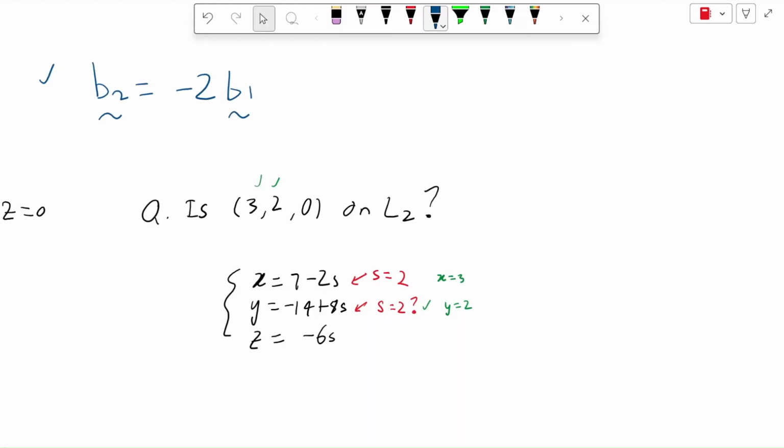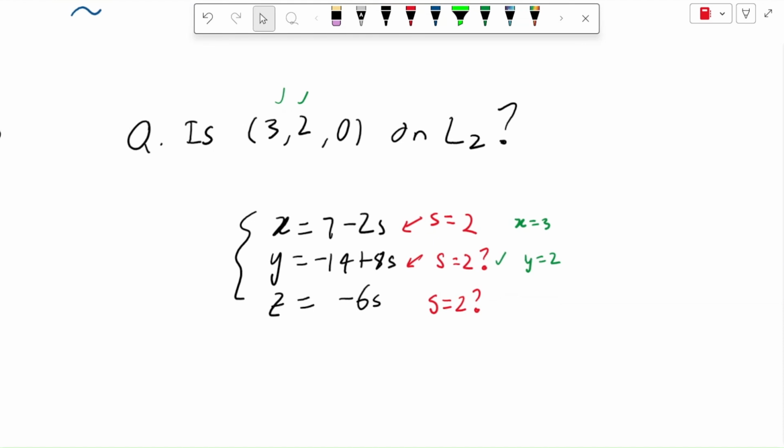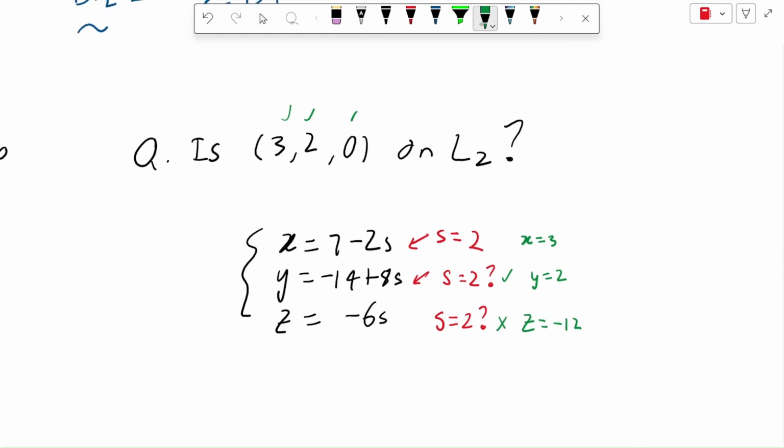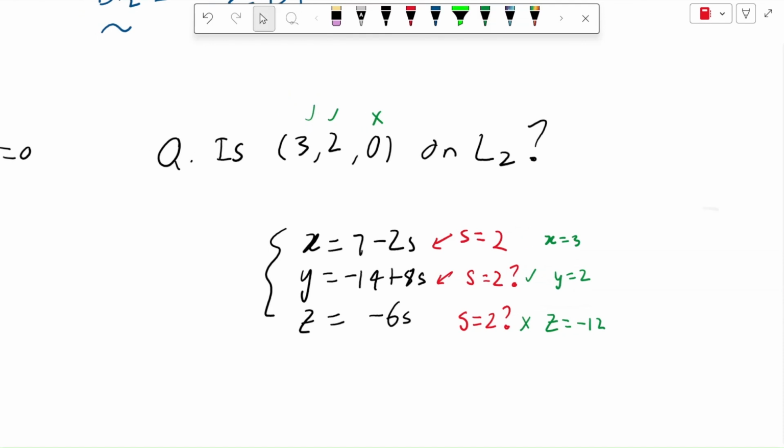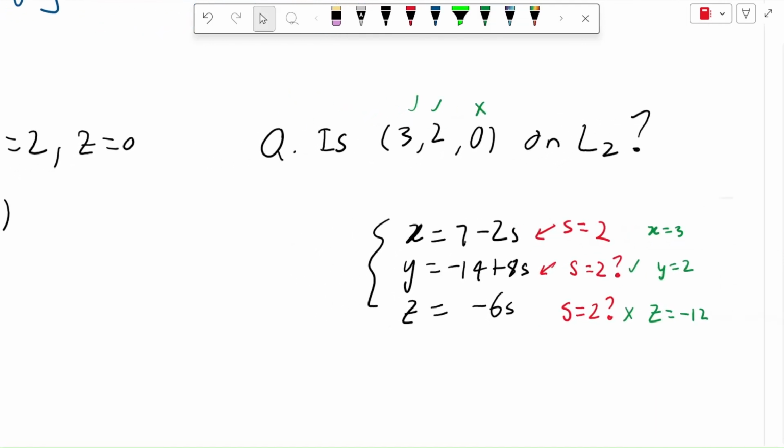Alright, next we just need to check the z. If it is supposed to work, s should be 2 for every bit, so we just check, does s equal 2 work? If we do this, z equals minus 12. Nope, it doesn't work, so no. You can get 3, 2 to work, but you can't get the 0 bit to work.